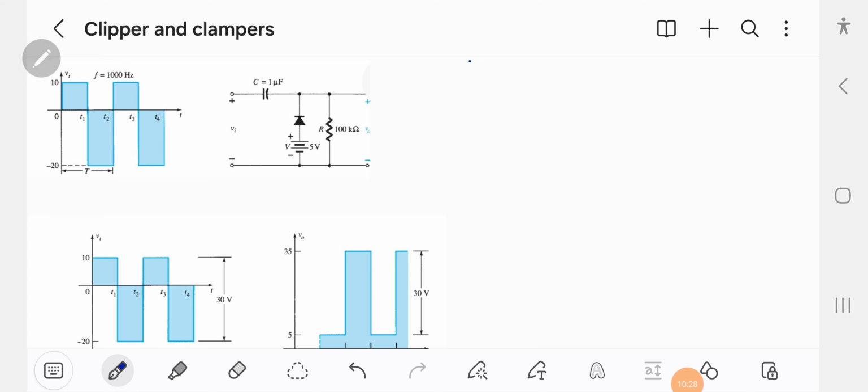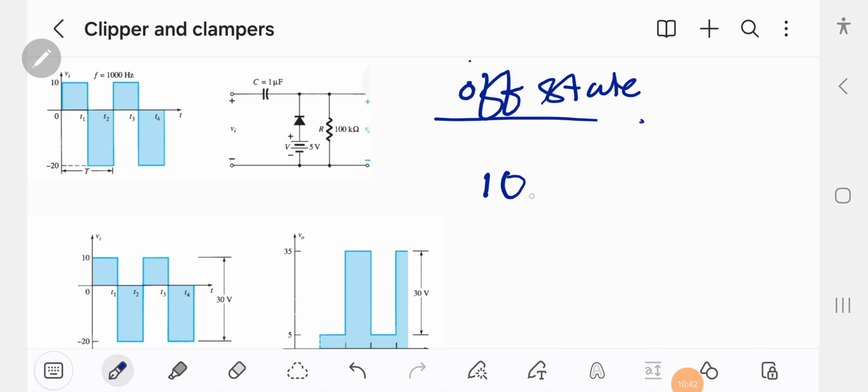When the diode is in the off state, we are taking an input voltage of 10 volt and the capacitor is charged to 25 volt, so the output voltage is equal to 35 volt.